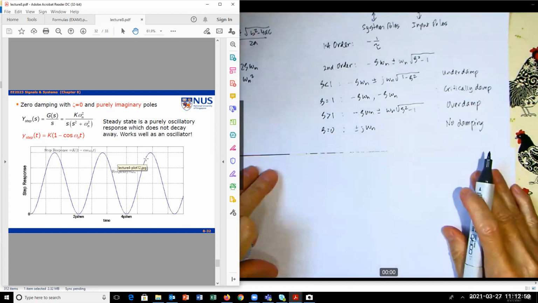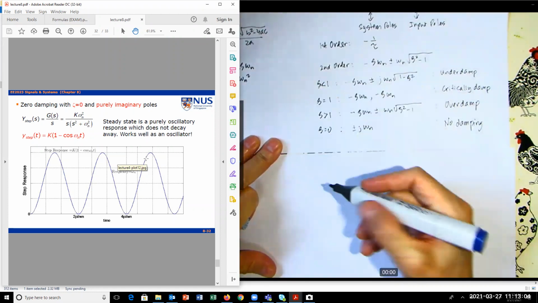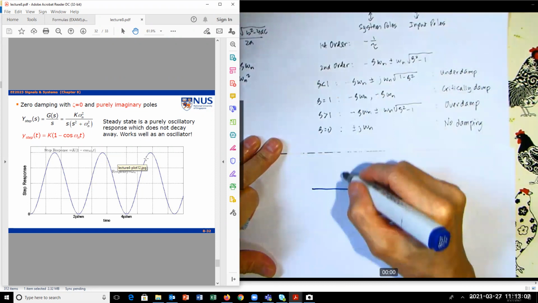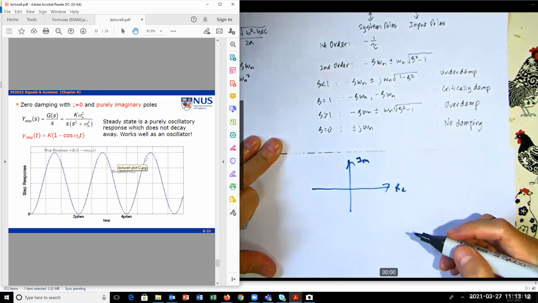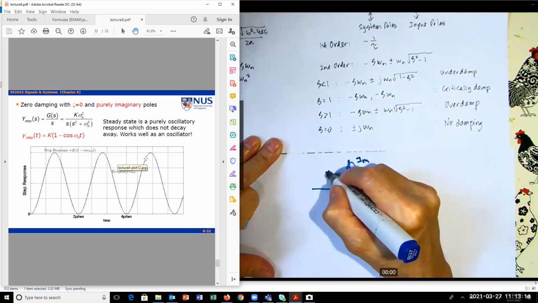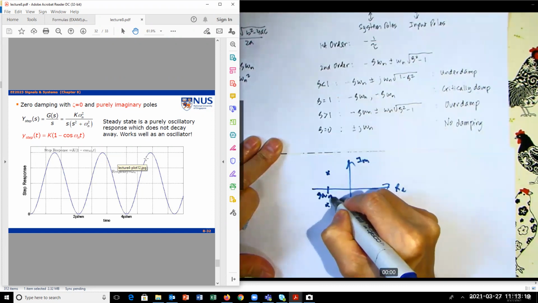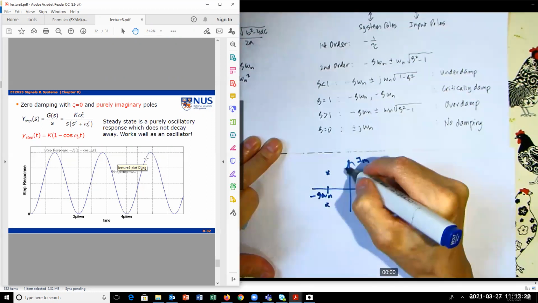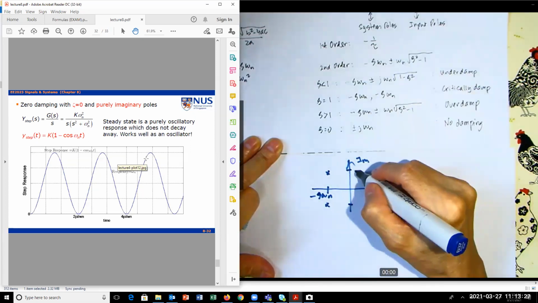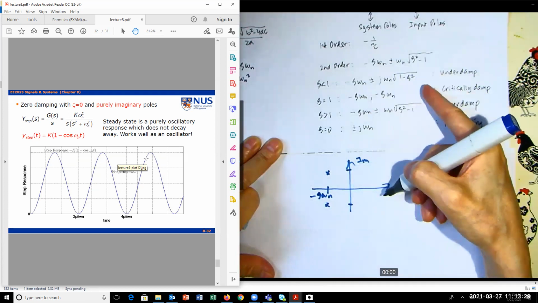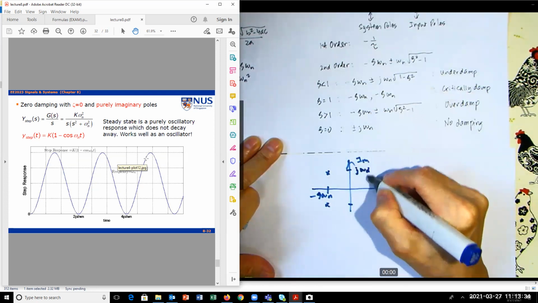So the first one is for the underdamped case, we have complex conjugate poles. If you draw it, this is real, this is imaginary. For your complex conjugate poles, you'll be up here and down here, and this is minus zeta omega n. Up here will be j omega n square root of that, but that is actually j omega d and minus j omega d.